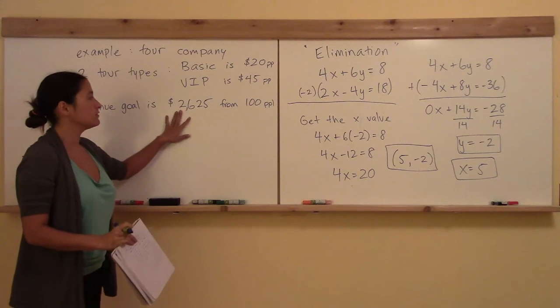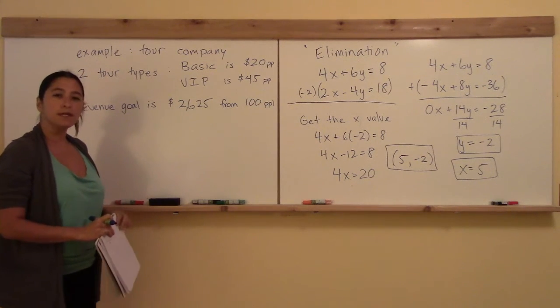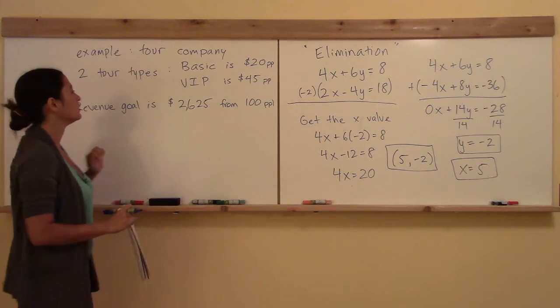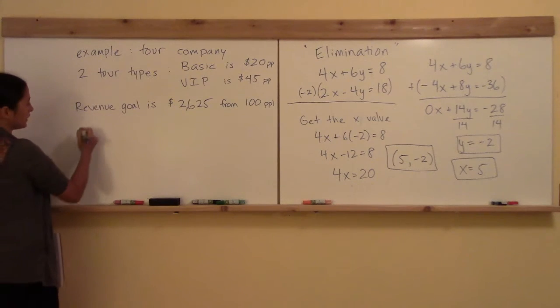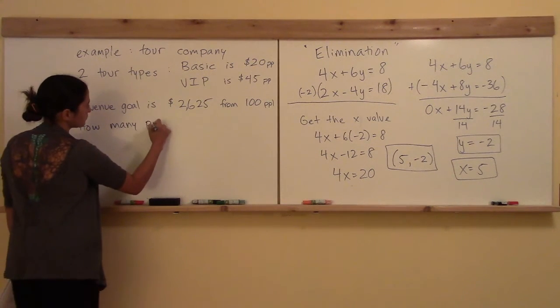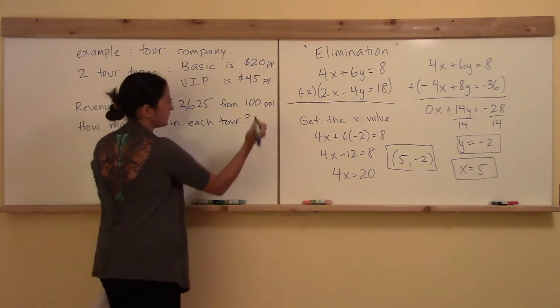The goal for my revenue is to make $2,625. How many people do I need to get on each tour in order to reach that goal? Okay, so that's the question: how many people for each tour, in order for me to satisfy that goal?